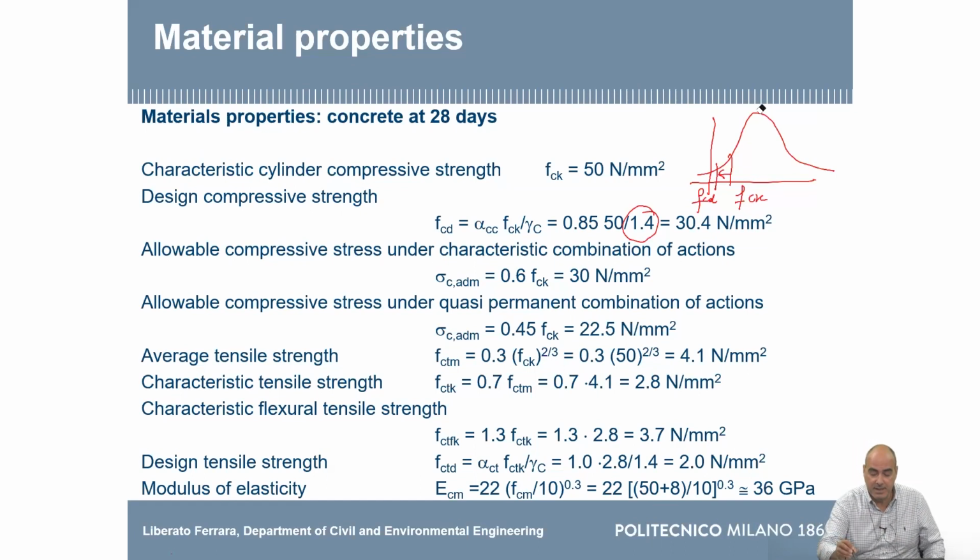But average means that we are here. Then from the average, we must go to the characteristic and then to the design. So for the characteristic, the code says multiply by 0.7.